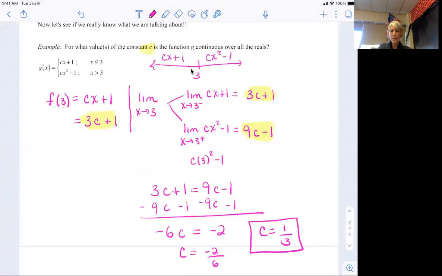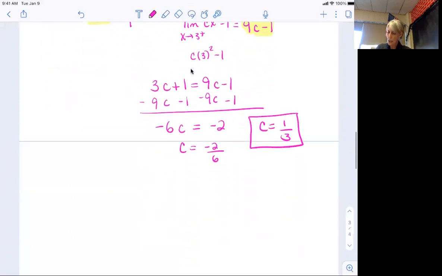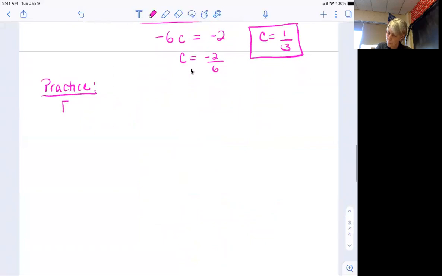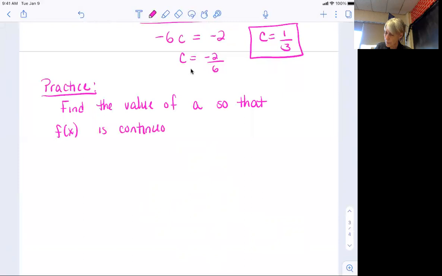Okay. I'm going to give you guys a few minutes. It's not in your lesson, but I'm going to have you guys practice one on your own. Find the value of a so that f of x is continuous at x equals 2.